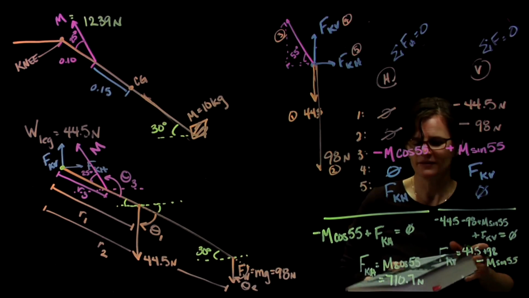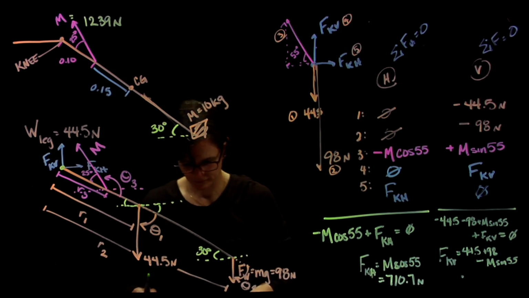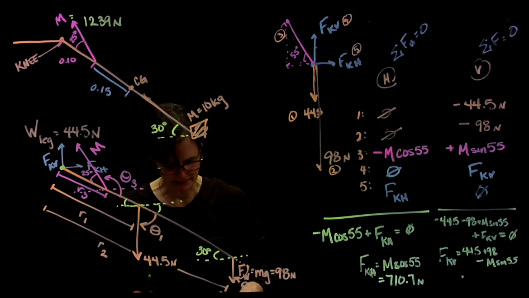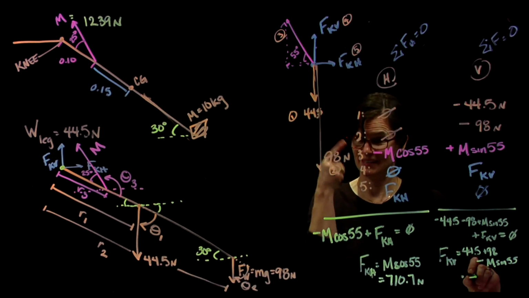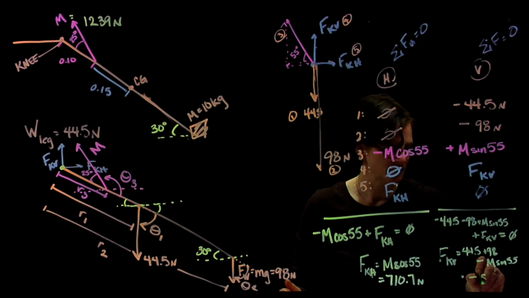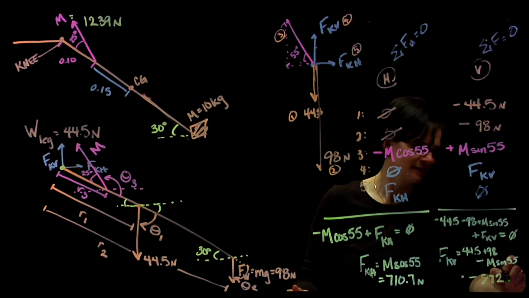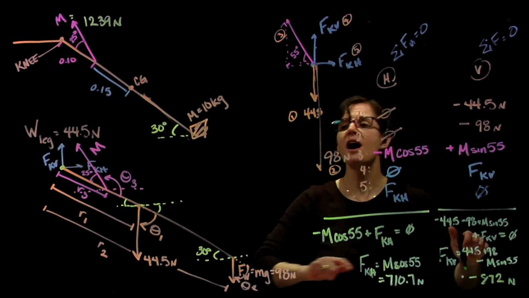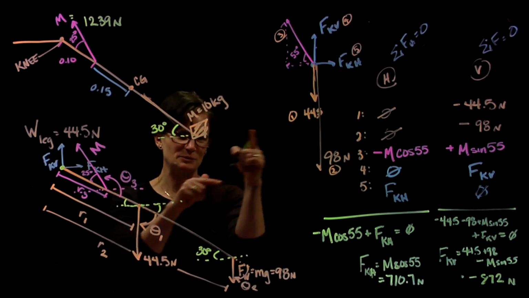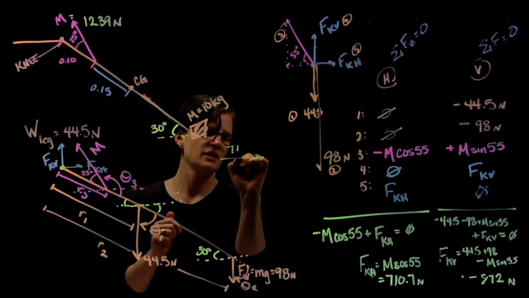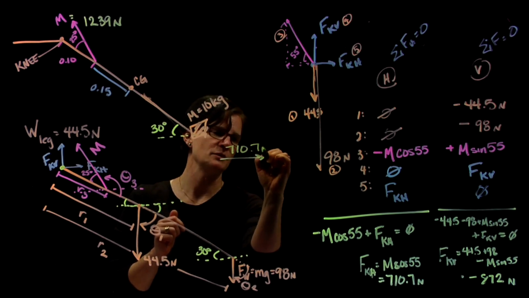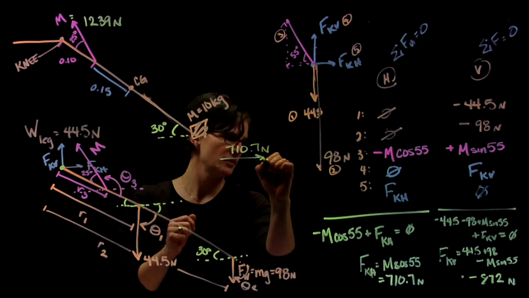So 44.5 plus 98, minus 1239 times the sine of 55 equals negative 872 newtons. It's telling me I drew it in the wrong direction. So here are my components of the knee force. My horizontal component is positive 710.7 newtons, and my vertical component is negative 872 newtons.